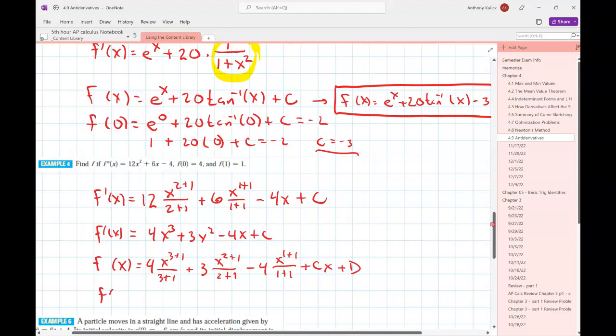So what do we have here then? Simplify things down. That's going to be x to the fourth plus x to the third minus 2x squared plus cx plus d.